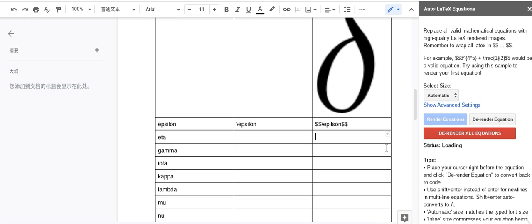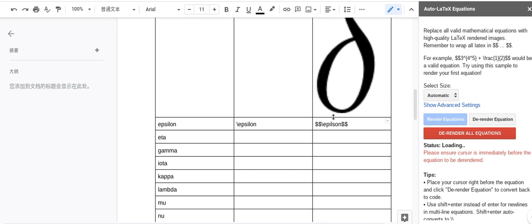Just wait, it may need some time to load. I mean render. Oh, I know what. Just let me check. It's epsilon. Sorry.